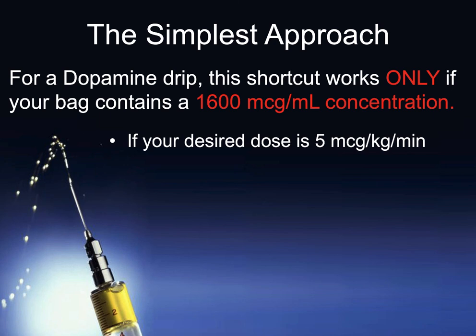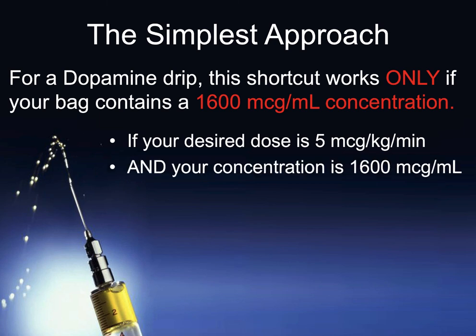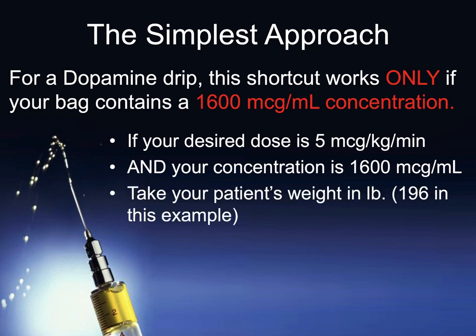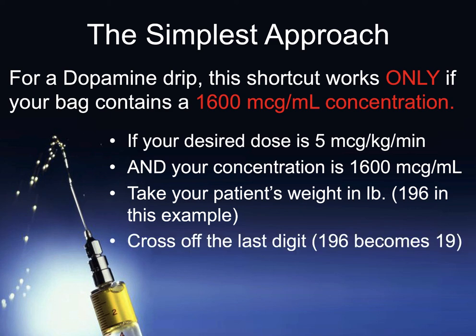I'll give you one more shortcut approach to this that a lot of people prefer. If you're doing dopamine, the important thing to recognize is that what I'm describing only works if you have a 1,600 microgram per milliliter concentration. So we said 5 mics per kilogram per minute is our starting dose. Our concentration is 1,600 micrograms per milliliter. You take your patient's weight in pounds. In this case, we said our patient weighed 196 pounds, and you cross off the last digit.